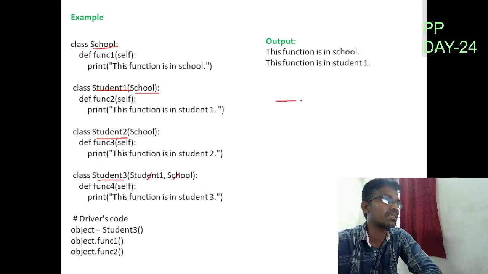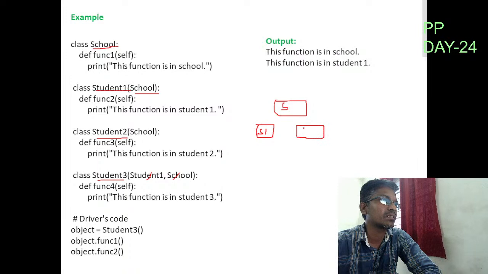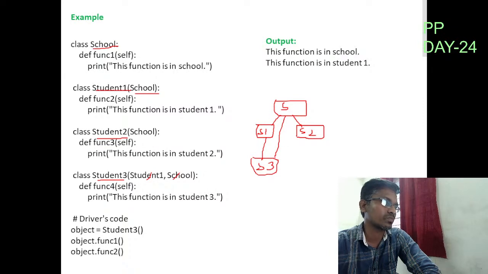It will look like this: it is a school, and it contains student one and student two. So this is hybrid inheritance. And student 3, that is S3, will be derived from student 1 as well as directly from school also.